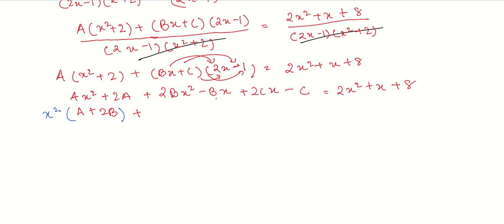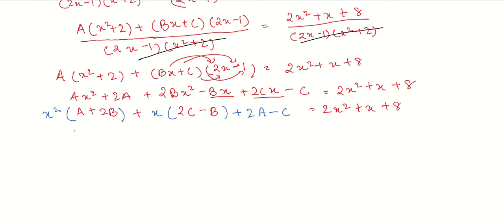Plus, now we're going to write the x coefficient: we have 2C minus B. And now we only have the constants, which don't have any x, so that is plus 2A minus C. That is equal to 2x squared plus x plus 8.